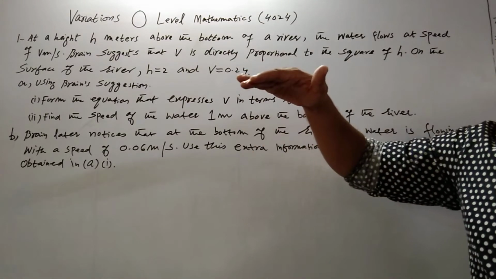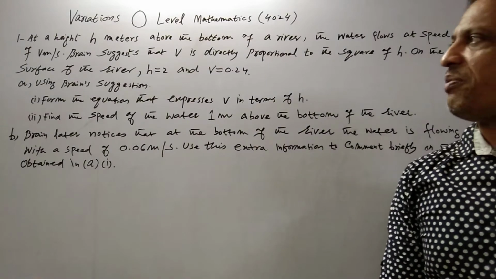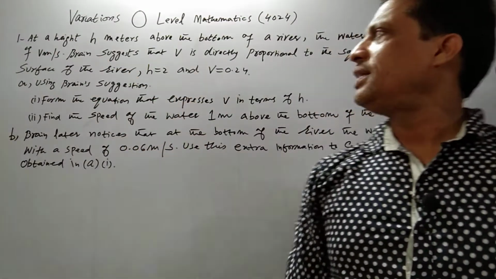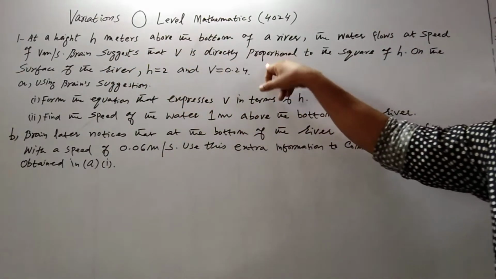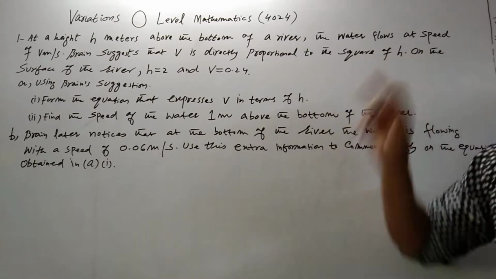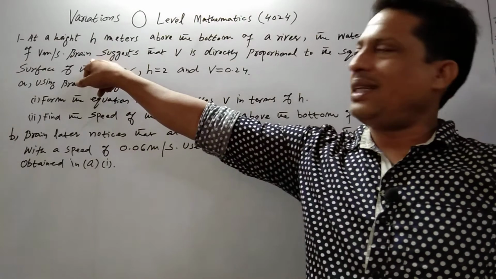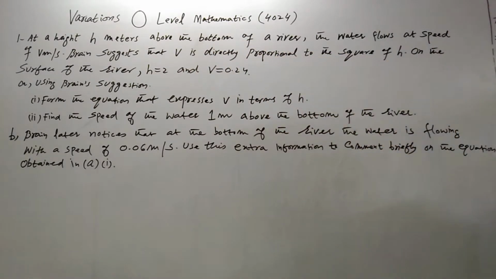Brain, a student, suggests that v is directly proportional to the square of h. H means height. So this is his suggestion.